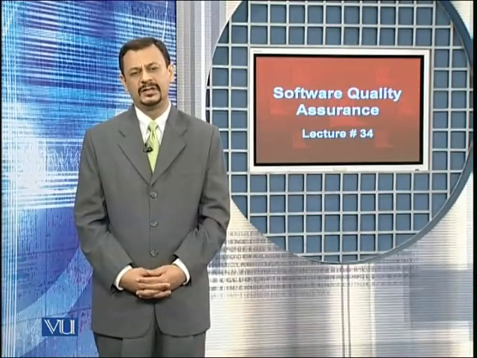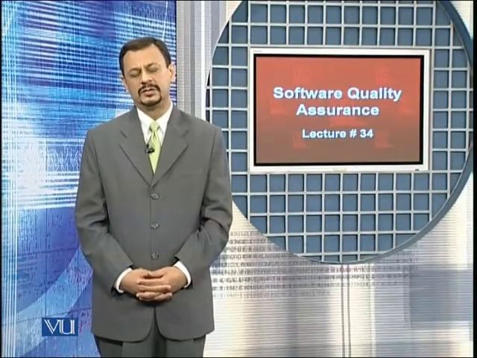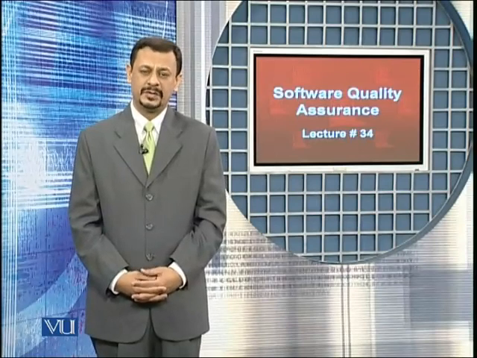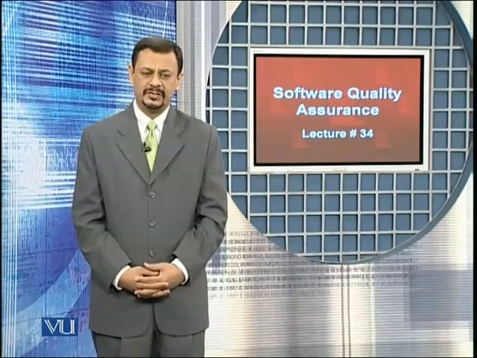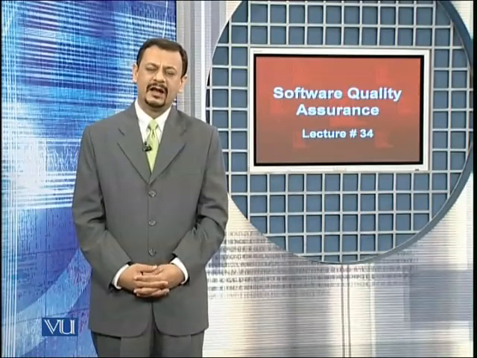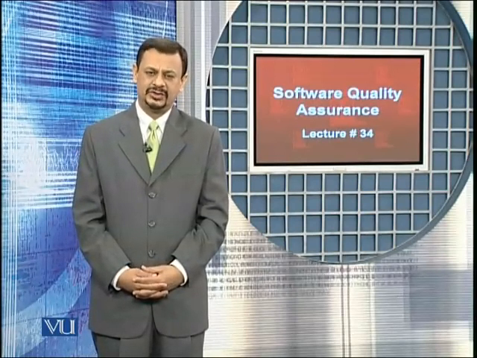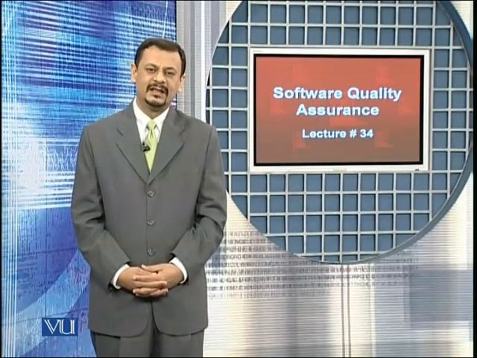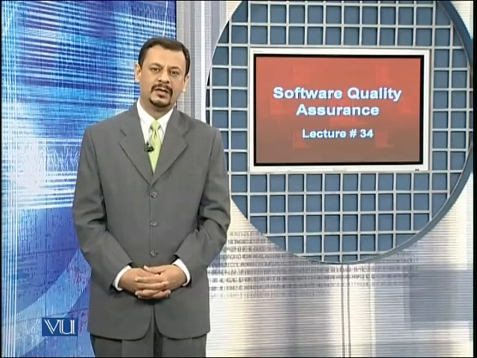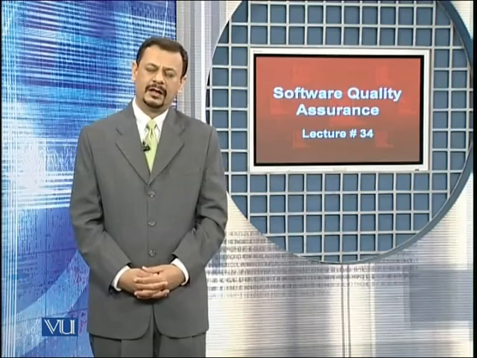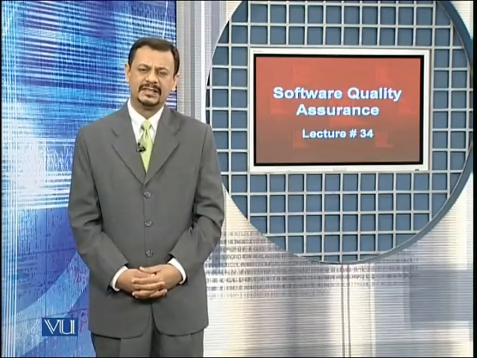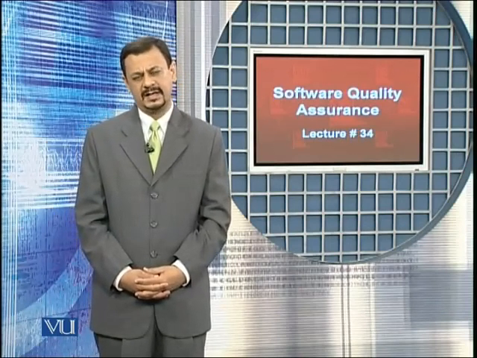You need to mention the name of the person who made the change. And the attributes of the SCI will actually reflect the change. That is, has a new version number been attached to that SCI or not?